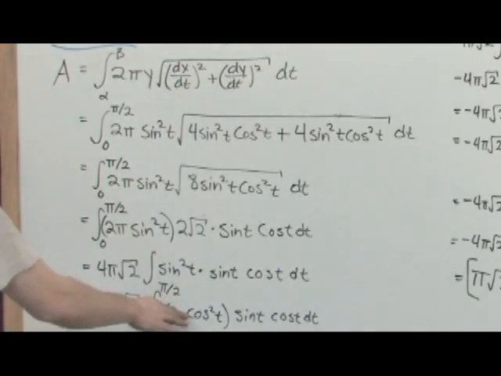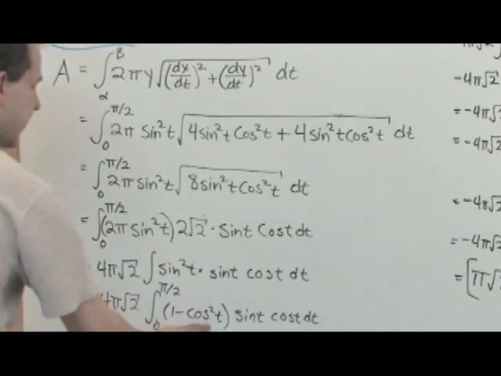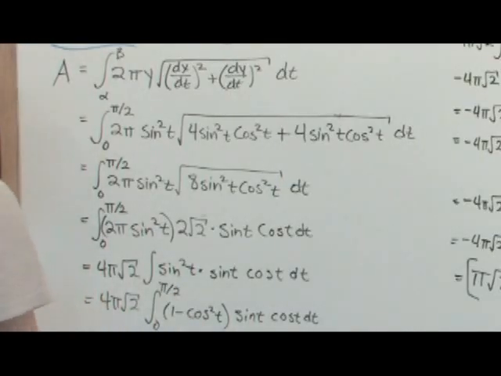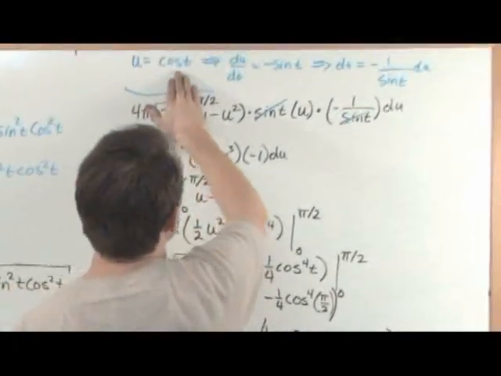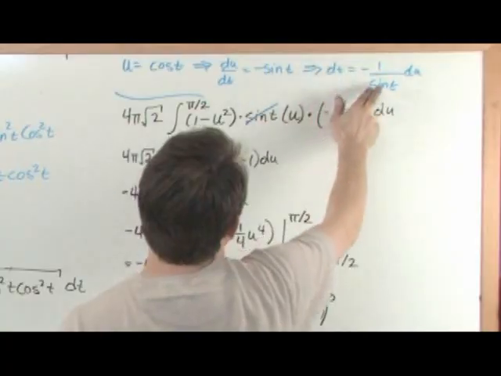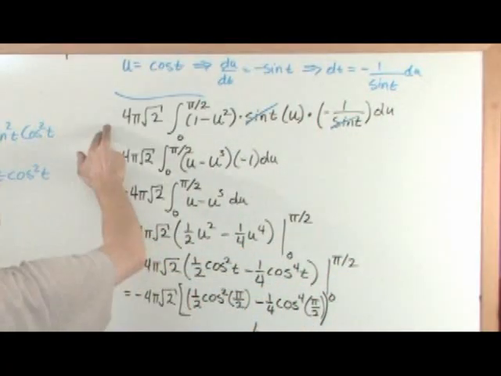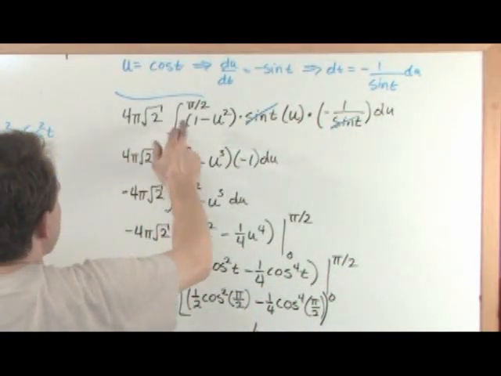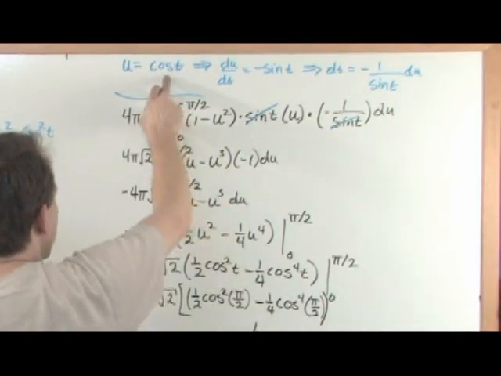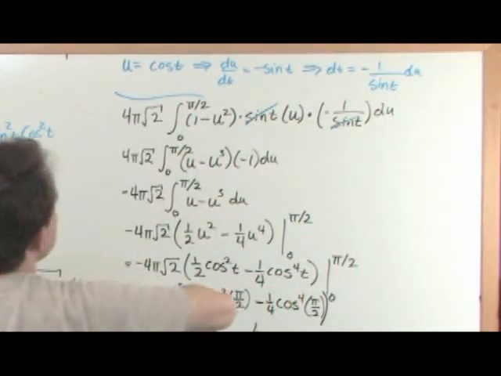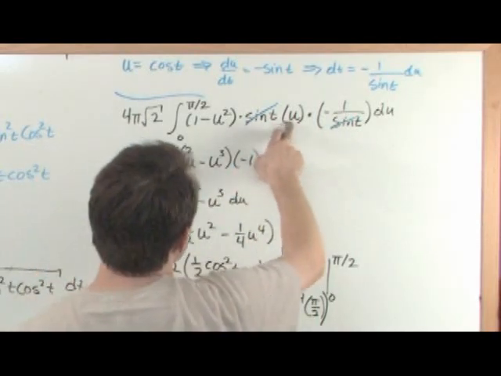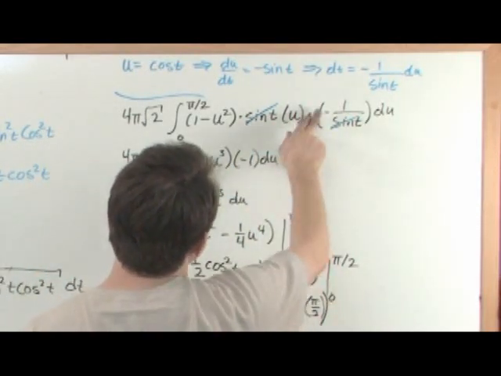I rewrote that, and then I chose a clever substitution, u is equal to cosine, so that when I would take the derivative of it, I would get sine, cancel with this sine, and that would leave me with a nice integral. So u is equal to cosine, and dt is negative 1 over sine of t. So when I rewrite my integral, I have this stuff out front, 1 minus u squared, because it was cosine squared, times sine times cosine there, and then I put that in there, and I have dt is 1 over sine.